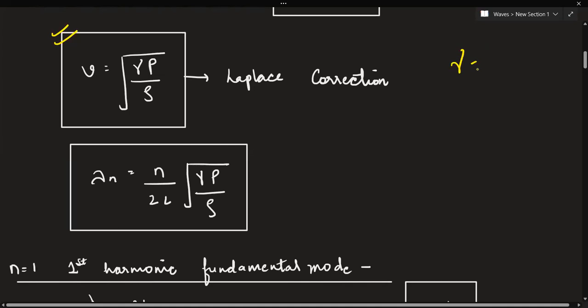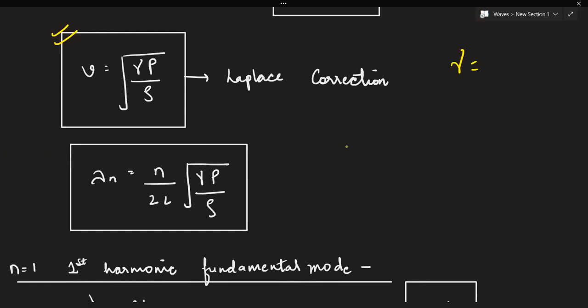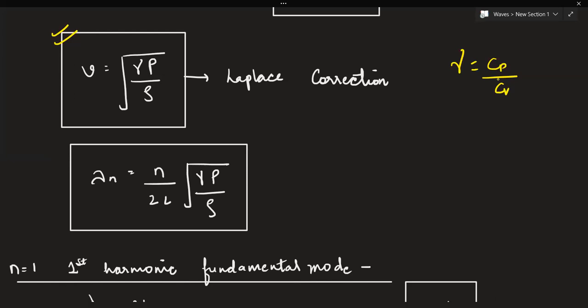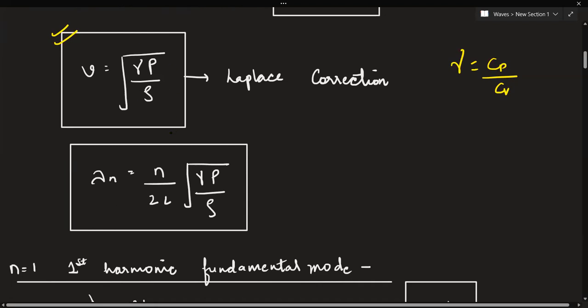If you remember, gamma was the ratio of two quantities, as we did in the adiabatic process as well: Cp by Cv, the ratio of specific heat at constant pressure to the specific heat at constant volume. Why? Because Laplace pointed out that propagation of sound wave takes place under adiabatic conditions. That's why this correction was done.